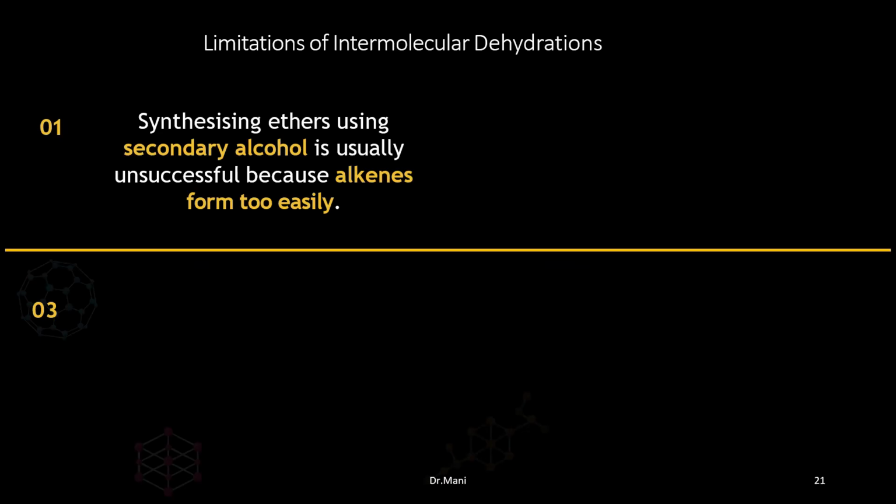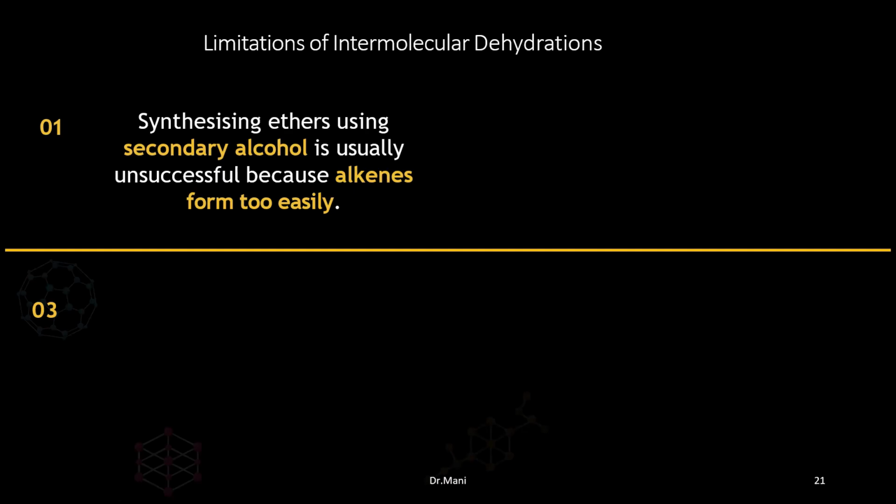So remember, synthesizing ethers using the secondary alcohol is a very unsuccessful process. That is because secondary alcohols tend to form alkenes more compared to the ethers. They can easily convert into the alkenes by the dehydration method. But instead, if you use the primary alcohol, then it can convert into an ether. So that's the first exception you need to know.